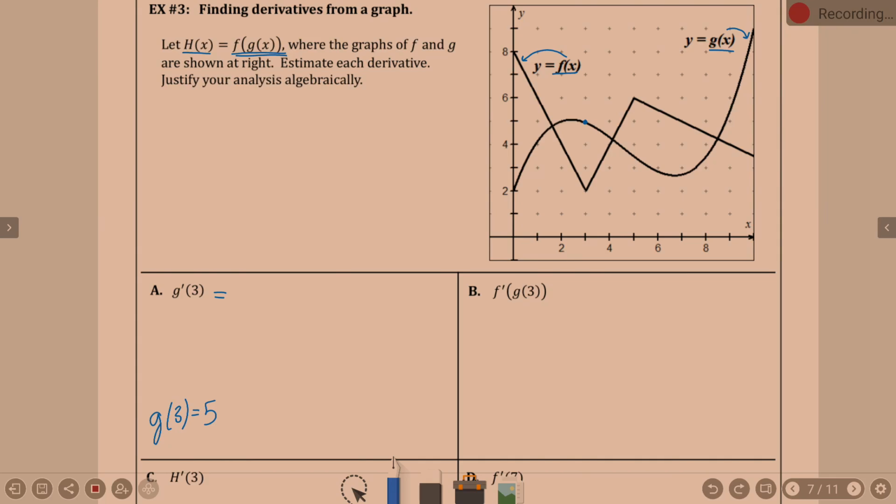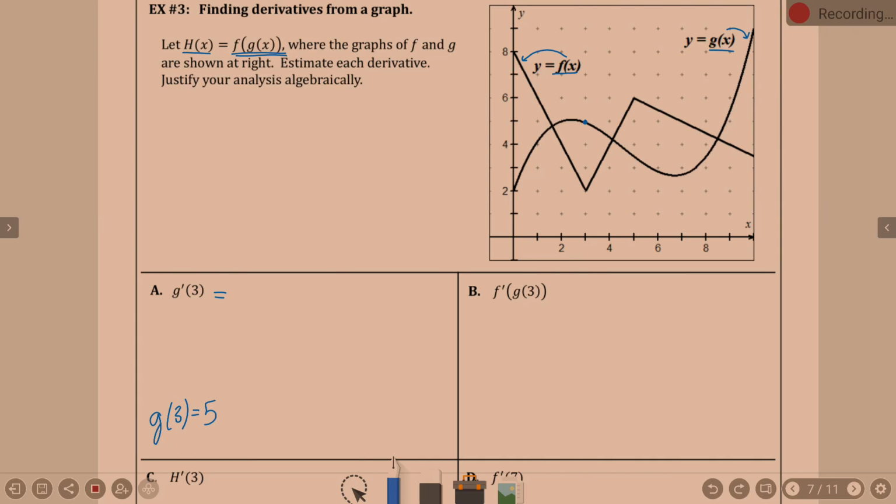What points did you use? Or are you just guessing what you think it's going to look like? I'm trying to look and see what points I used.